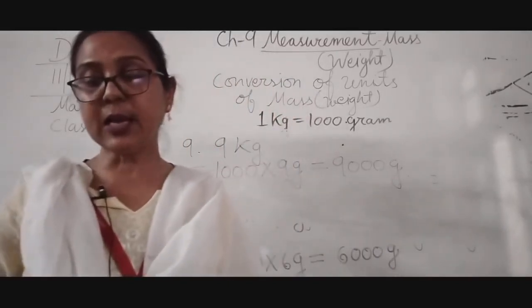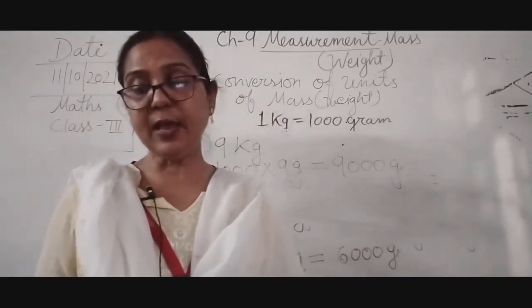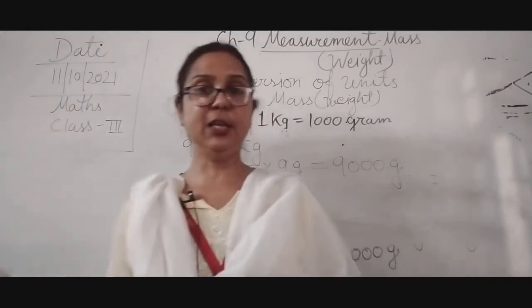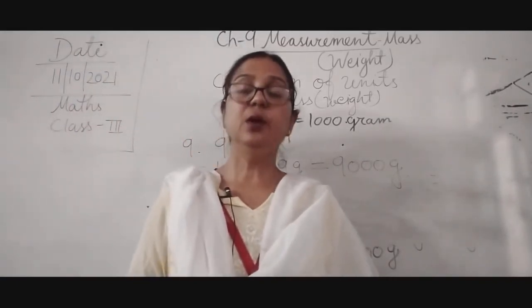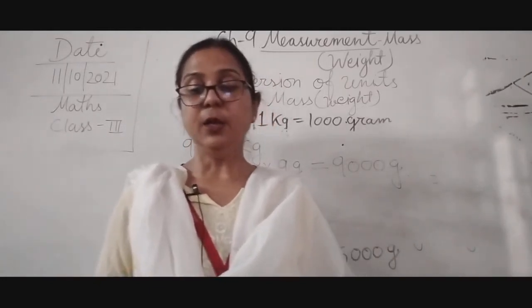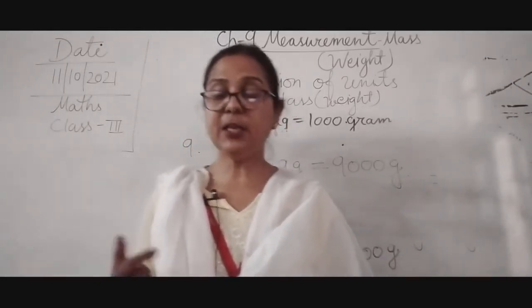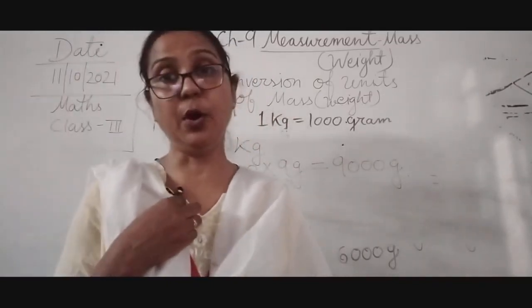Because the conversion starts from 7 number, that is why we have solved 7, 8 and 9 today. In our next video we are going to solve 10, 11 and 12. So children, complete these 3 questions and practice it because this is very important.